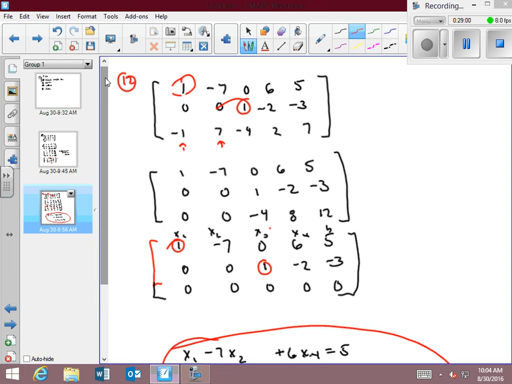If I'd have moved any of those equations around and then I had to change the pivot, then it would have changed the pivot in the first. Does that make sense? Is that good? Do we need to do anything else there?